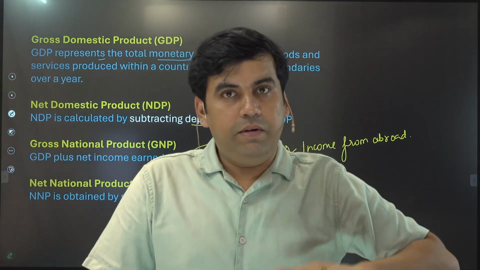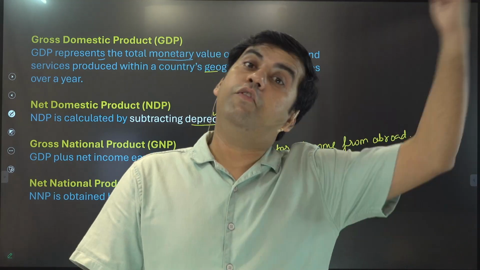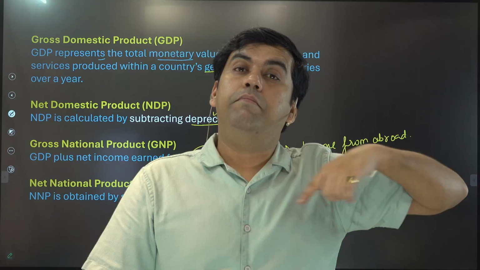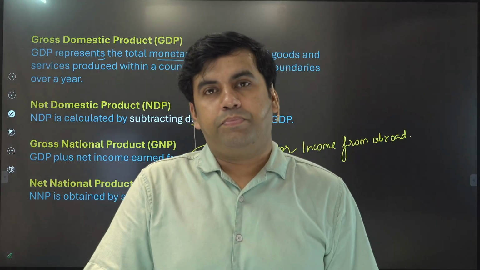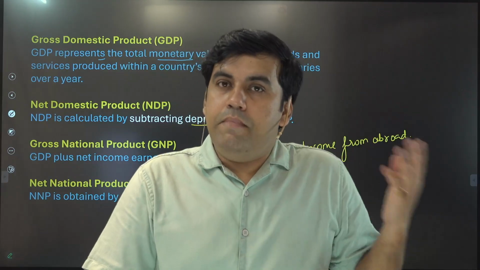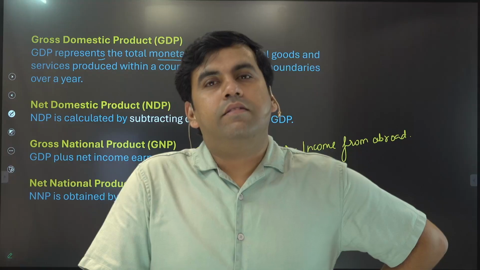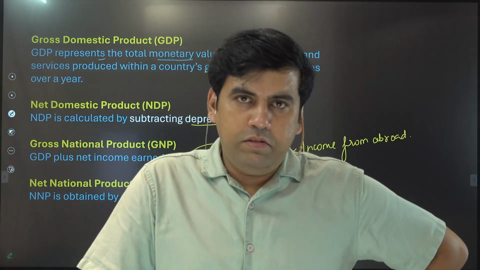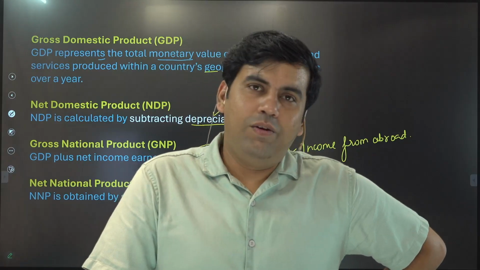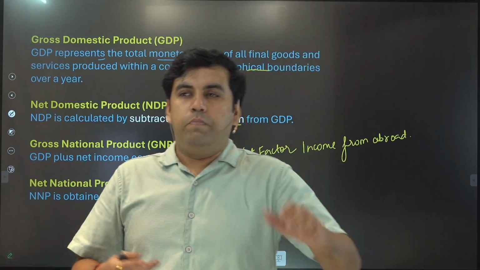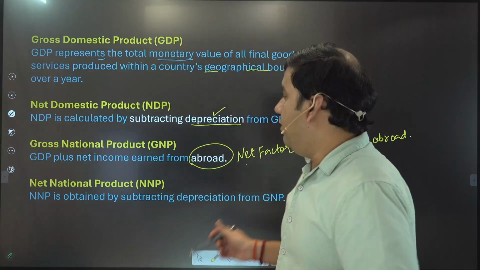They are earning their factor income from abroad, from a company outside India that is paying them. In a similar fashion, there are many foreigners who earn India's income while living in their own country. So plus and minus, both incoming and outgoing, we adjust and get net factor income from abroad.